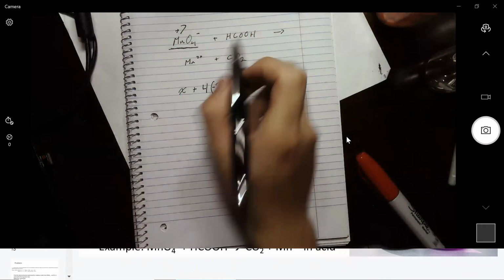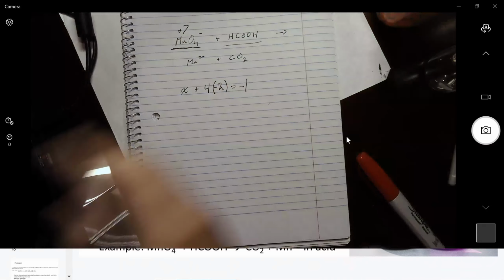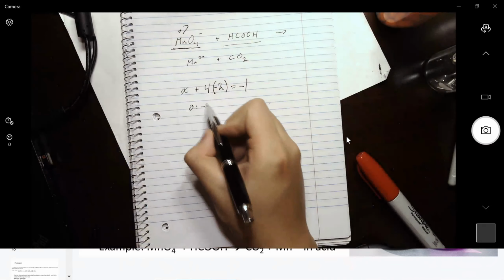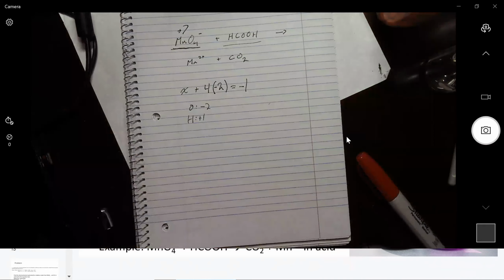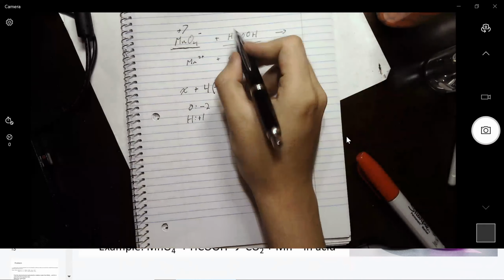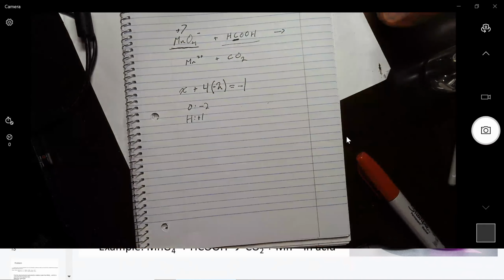Now, can you do the same thing here? Remember, oxygen is minus 2, H is plus 1. So what's the oxidation state of carbon? Can you check your math?